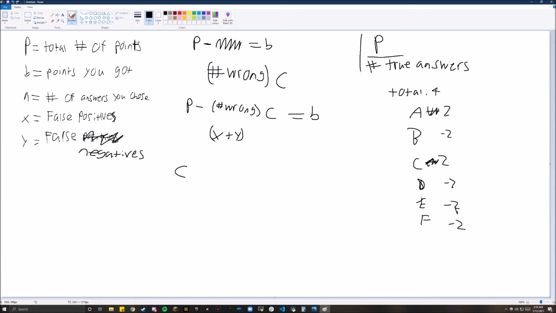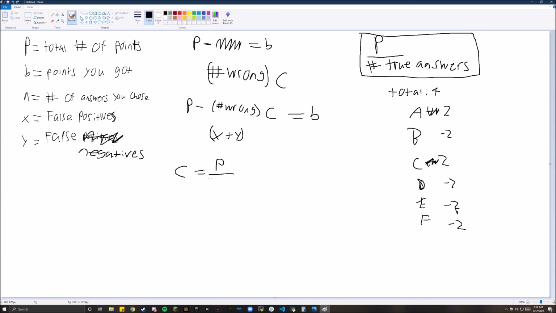And so now you can probably understand why this is how C is derived. So if C is equal to that, we actually have P. But we don't know the number of true answers.